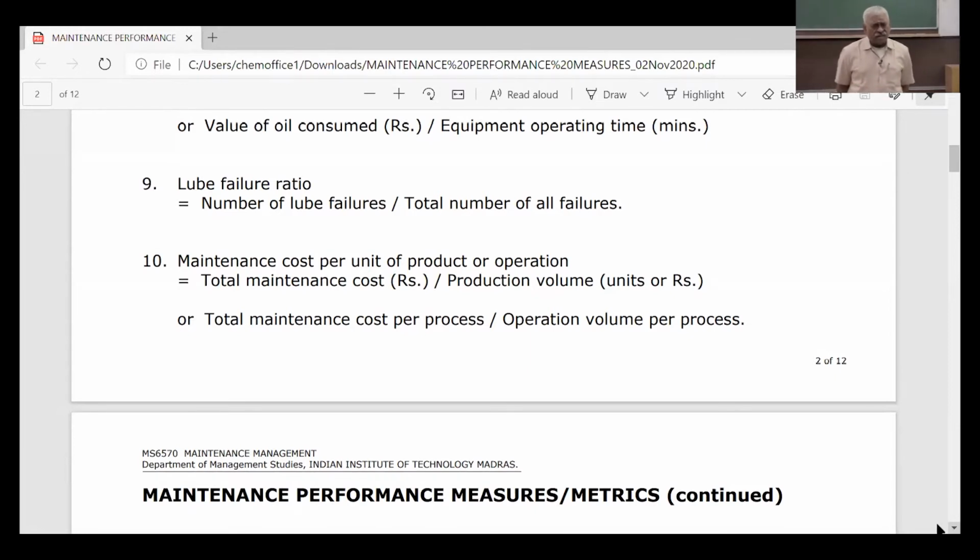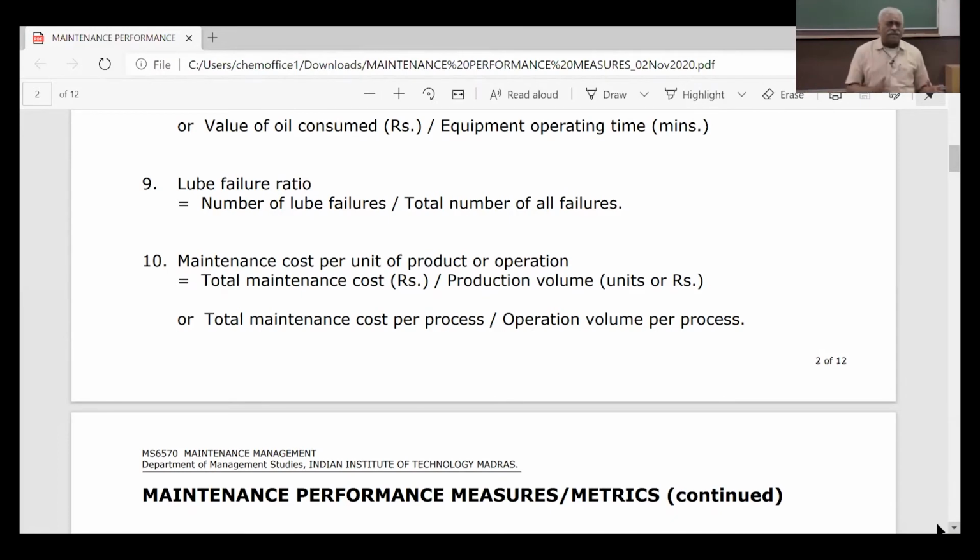So if you take discrete manufacturing, which means the manufacturing produces discrete products, like chairs or maybe carburetors or whatever it is, discrete physical products. There you can get into rupee terms because a plant may actually produce a variety of products. So you may have to do maintenance cost product-wise rather than by production volume units, because the units may have to be segregated then.